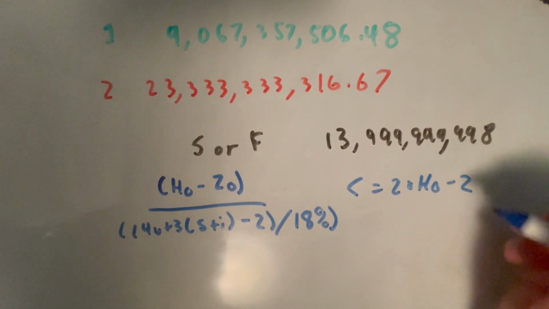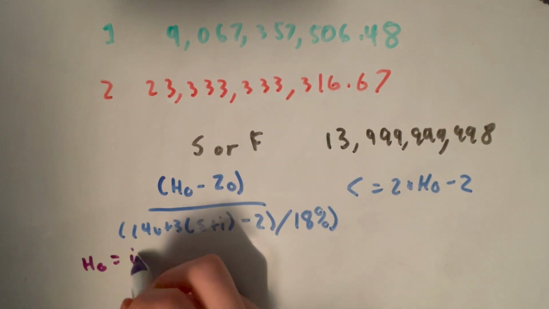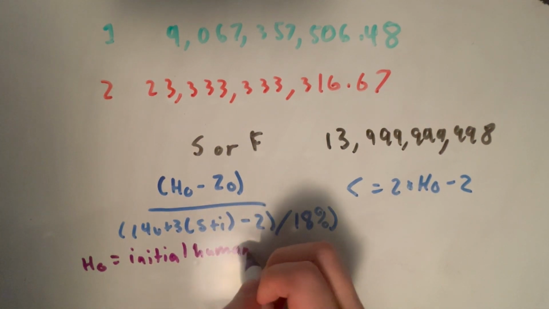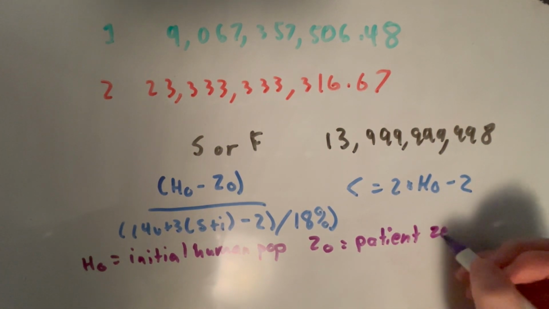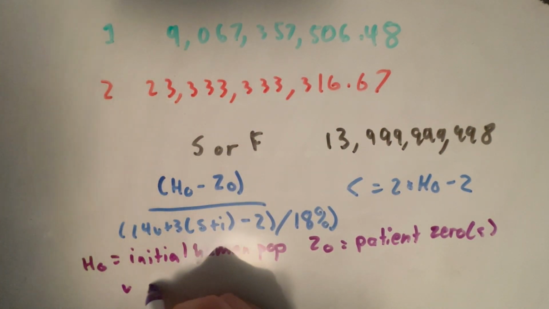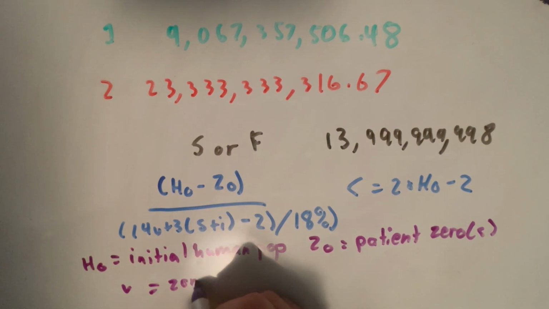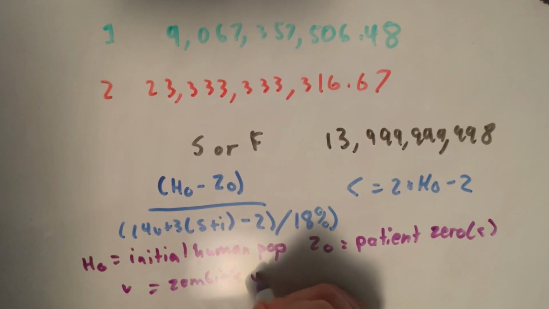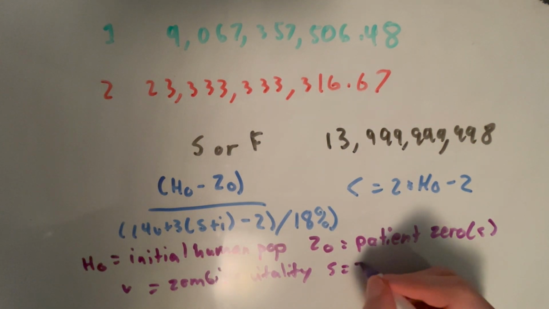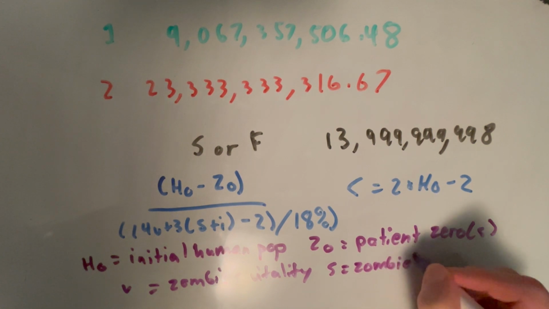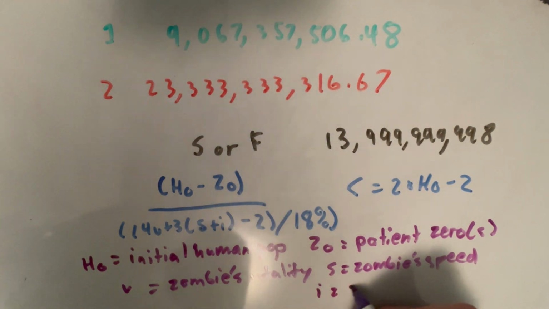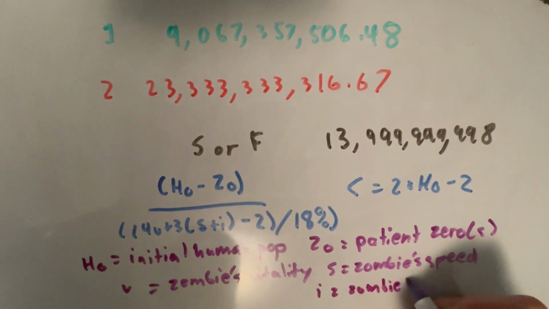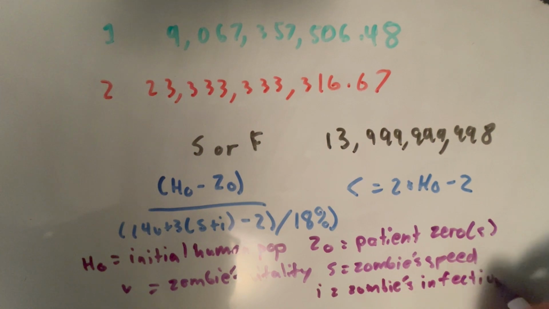We can use this equation to calculate any zombie outbreak scenario, including those of popular films or TV shows, where h0 equals the initial human population, z0 equals patient zeros, v equals zombie vitality on a scale of 0 to 2, with 1 being on par with a regular human, S equals the zombie's speed on a scale of 0 to 2, again with 1 being on par with a regular human, and I equals the zombie's overall infectivity rated on a scale of 0 to 2, with 0.5 being roughly transmitted solely through bites.